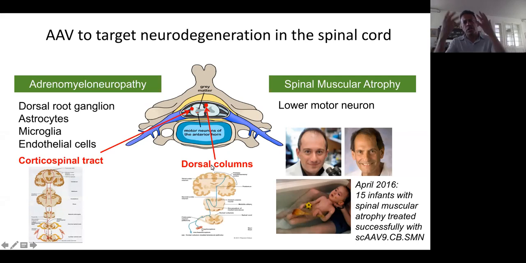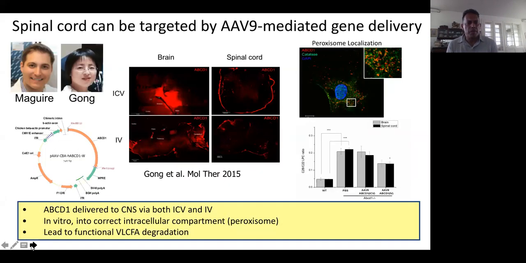Those tracts are coming up from the periphery and bringing sensory information to the brain.